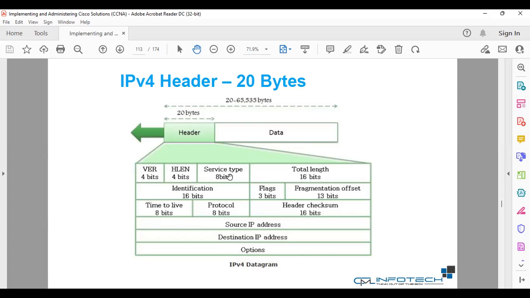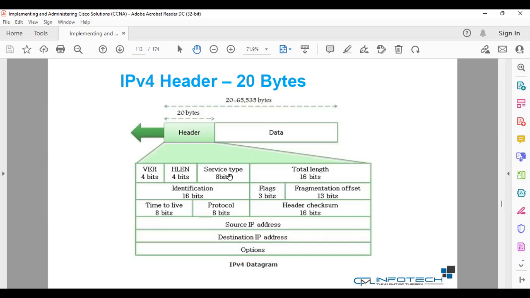Or within data, I have an email content and an attachment content. Out of these, which one has to go first? Or if I have HTTP content and DNS content, out of these 2, which one has to be forwarded first? This is all talking about QoS, quality of service.